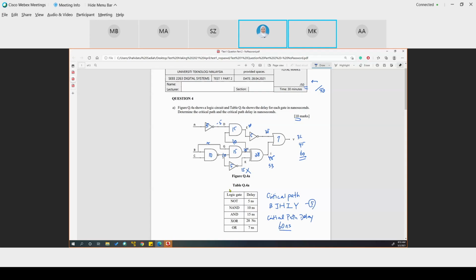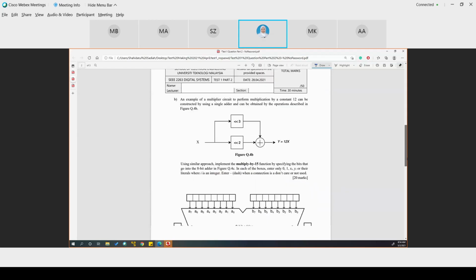Yes. The critical path can be C, J, H, I, Y, because it's either of D and C, right? Yes, it's the same. Or C here, same. Why put so many marks in so simple questions? I wonder. All right, so next question.